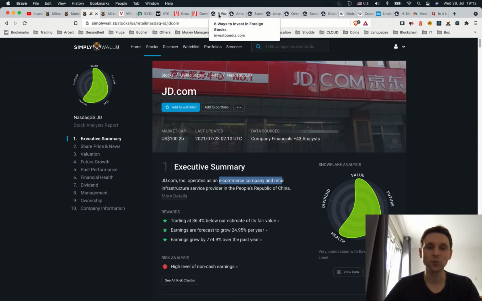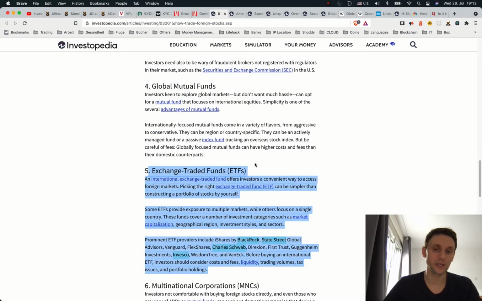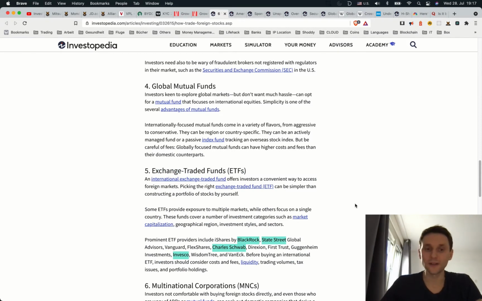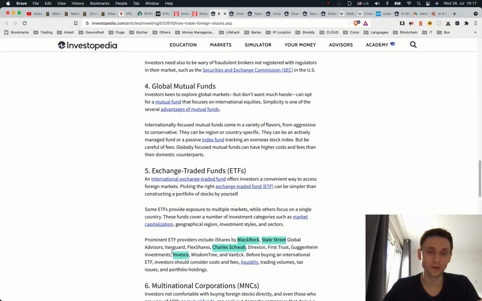The easiest way to invest in a foreign stock would be to invest in an ETF. ETF stands for Exchange Traded Fund, and in simple words, an ETF is just a portfolio of stocks. An ETF can provide exposure to multiple markets in different countries, and you also have different providers for those ETFs, like BlackRock, Invesco, Vanguard.